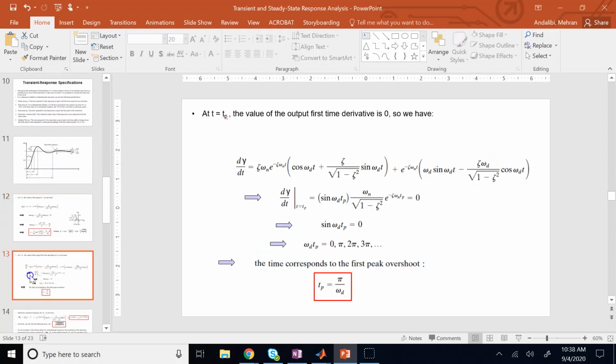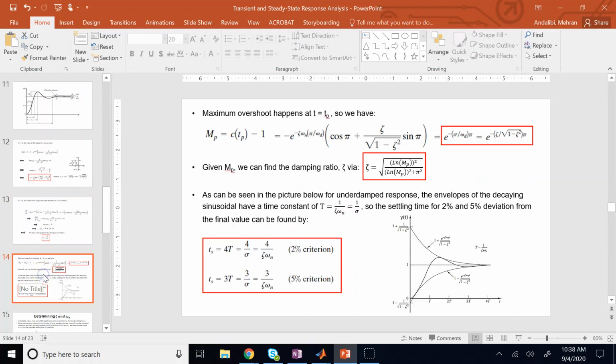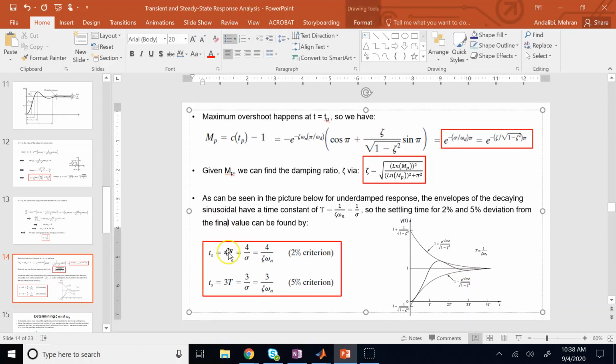And then I can show you mathematically, it's easily doable, that if you want to reach 2% around the final value, then it takes 4 times the time constant of the system.